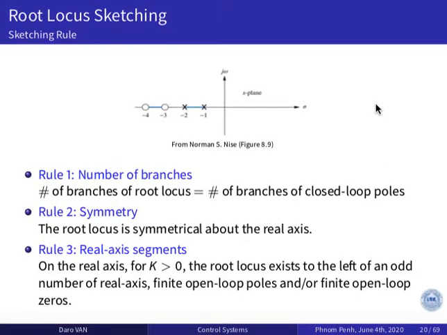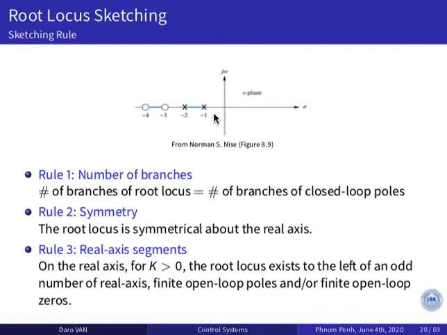And rule number 3 is all about real axis segments. On the real axis, for k larger than 0, the root locus exists to the left of an odd number of finite open loop poles and/or finite open loop zeros.